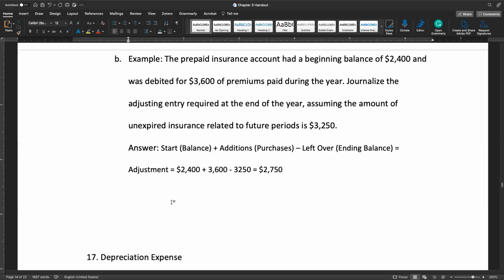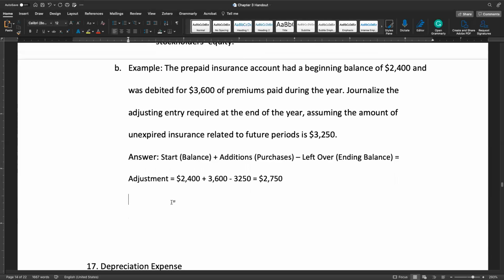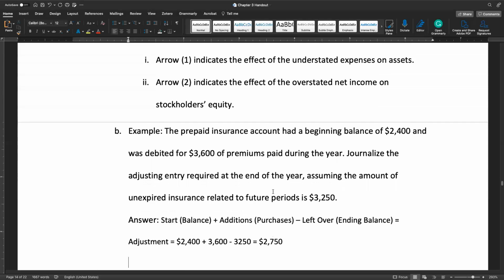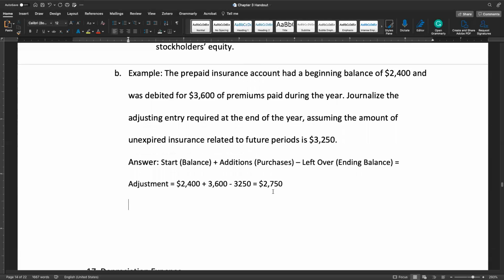All right. We're going to do the same journal entry we just did, except with this amount. So what do I need to debit? What did we debit in part A of this one? Insurance expense, for 2,750. What did we credit in part A?